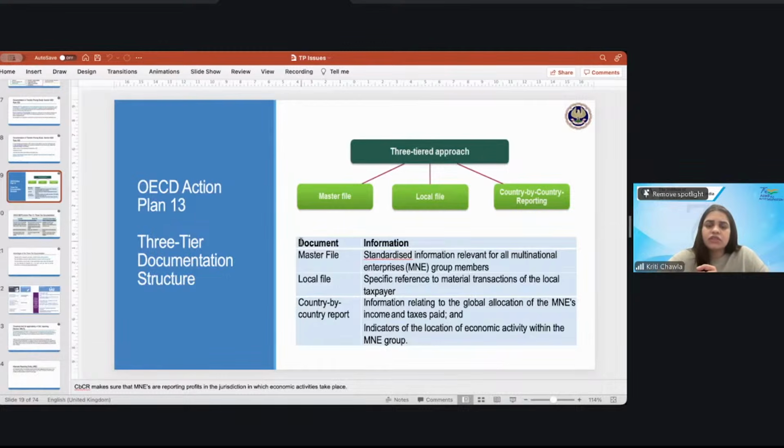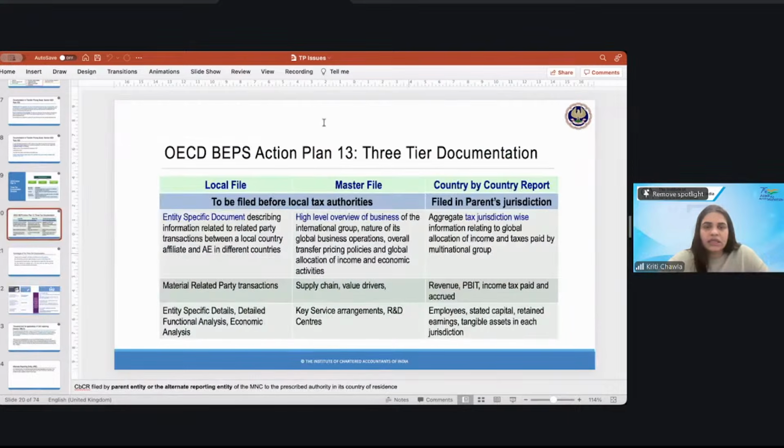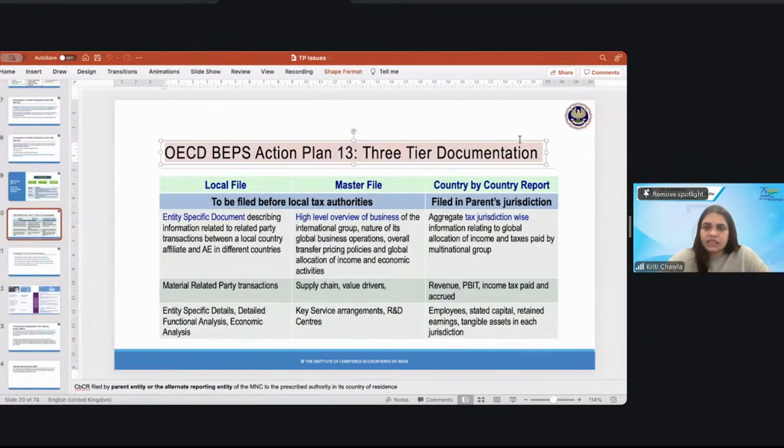This is the table which is coming from the manual, and this is what the OECD basically says on the three-tier documentation structure. So let's see what exactly are these documents. The first thing is something called a local file. Let's talk about a multinational company which is headquartered in India. Now, this multinational company headquartered in India has a lot of entities within it.